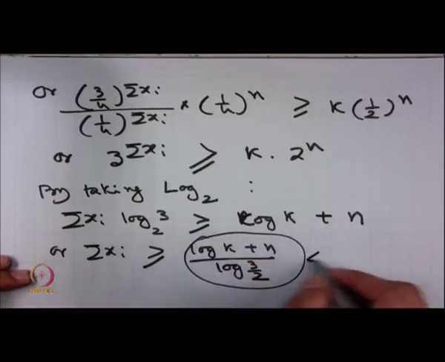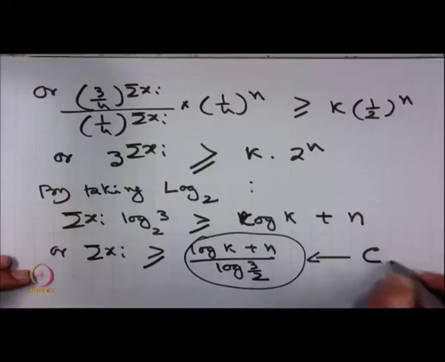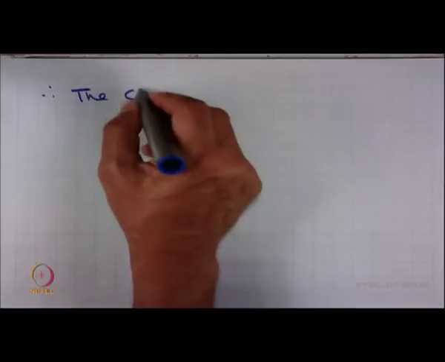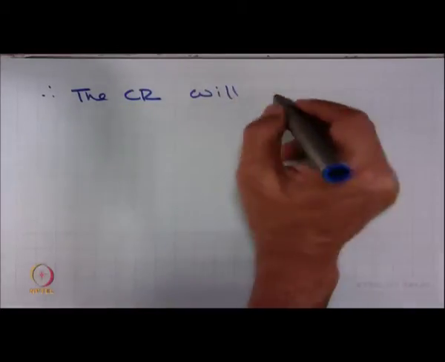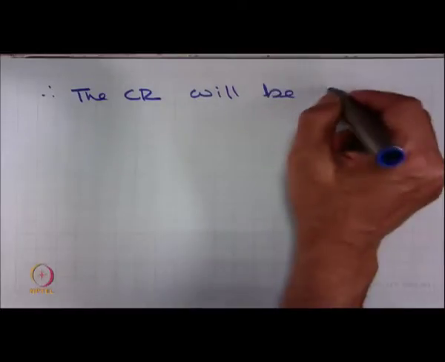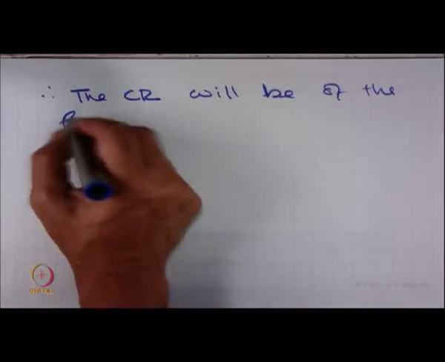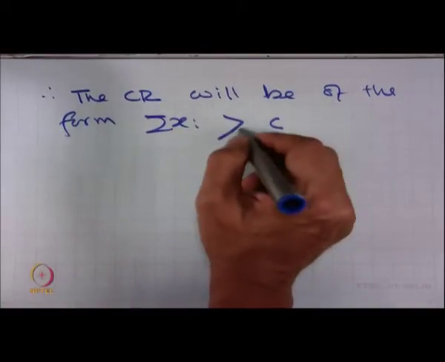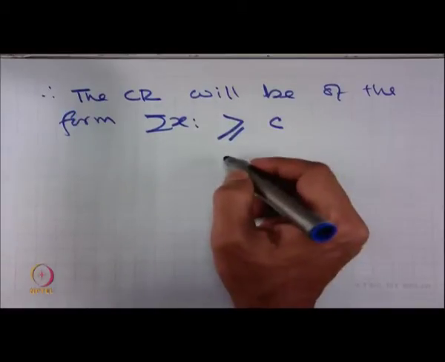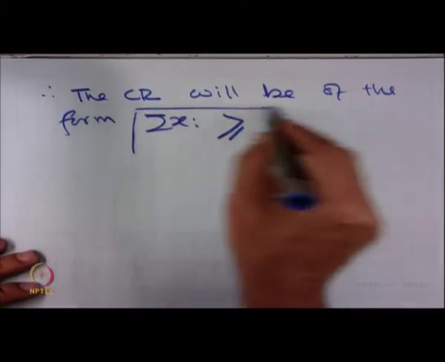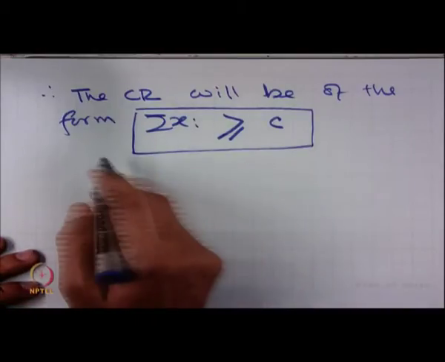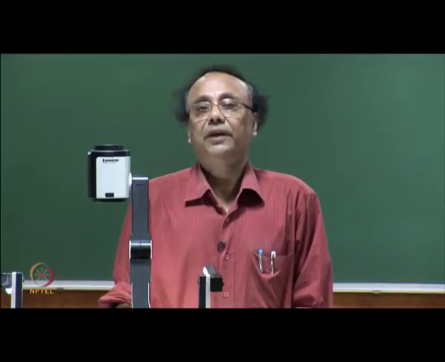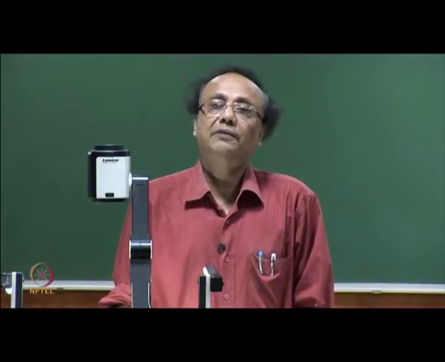This is a constant, let me call it C. Therefore, the critical region will be of the form sigma xi is greater than or equal to a constant C, or in other words, we will reject the null hypothesis that the probability of a head for this coin is half.